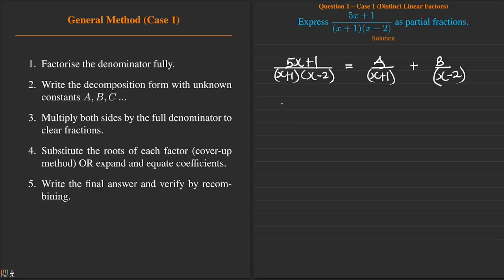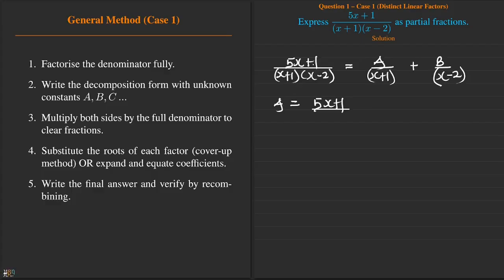So if it is A we want, then you pick this function you have here, that is 5x + 1 all over. The denominator we use this time depends on what we are solving for. If it is A you are solving for, then you don't include A's denominator, that is the x + 1.